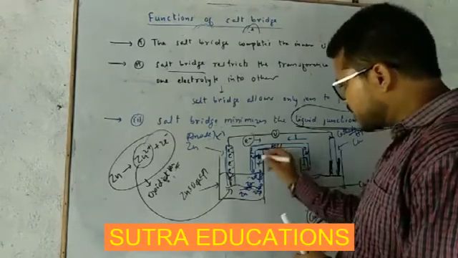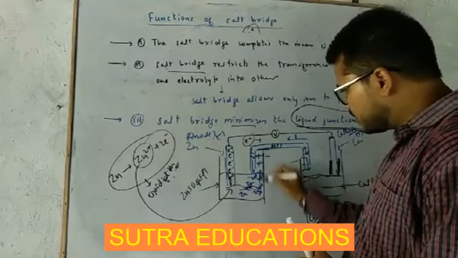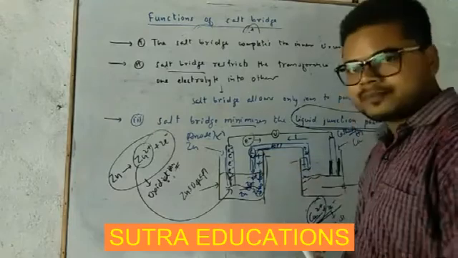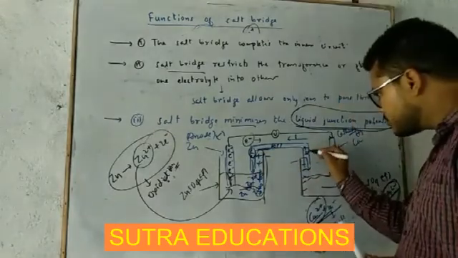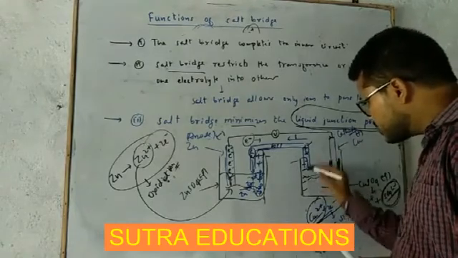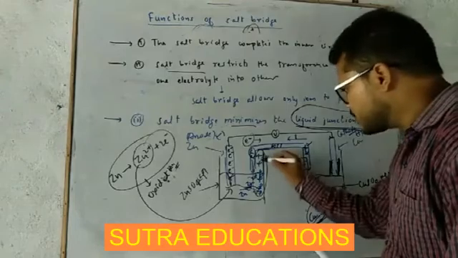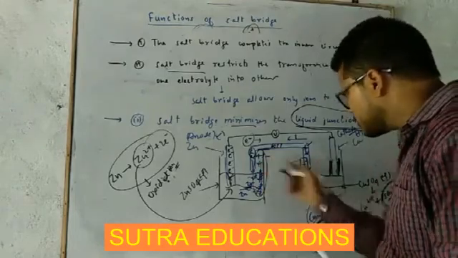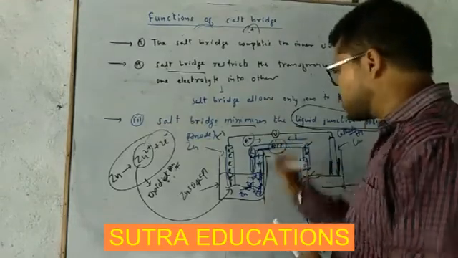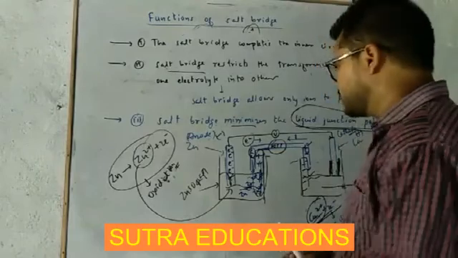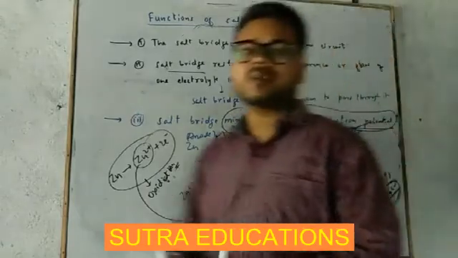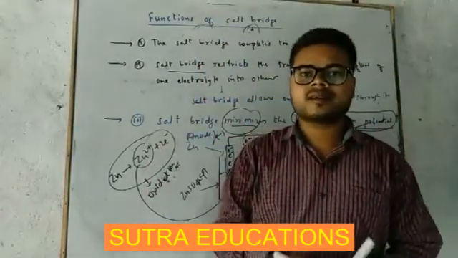So Cl- will come here. It is extra positive, and Cl- is coming here, so plus minus, it will get neutralized. Here K+ is coming. Here it is minus, so plus minus, it will get neutralized. So if charge will reduce, here negative charge will reduce, here positive charge will reduce due to the introduction of salt bridge, then we will say salt bridge is minimizing the liquid junction potential. Hope it is clear. Got it?